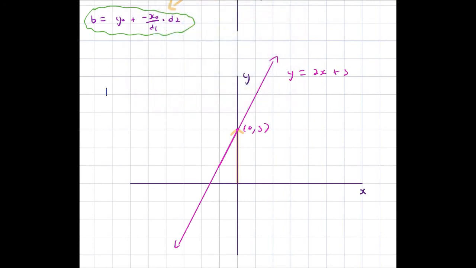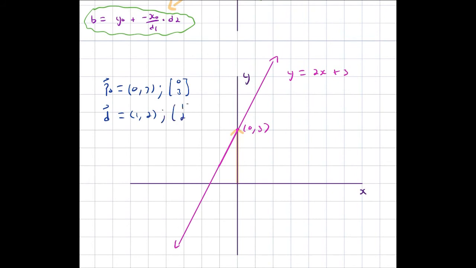So P0 is going to be equal to (0, 3). And then what did we say about D, the direction vector? Well, it's going to be 1 and then m, the slope. So (1, 2).